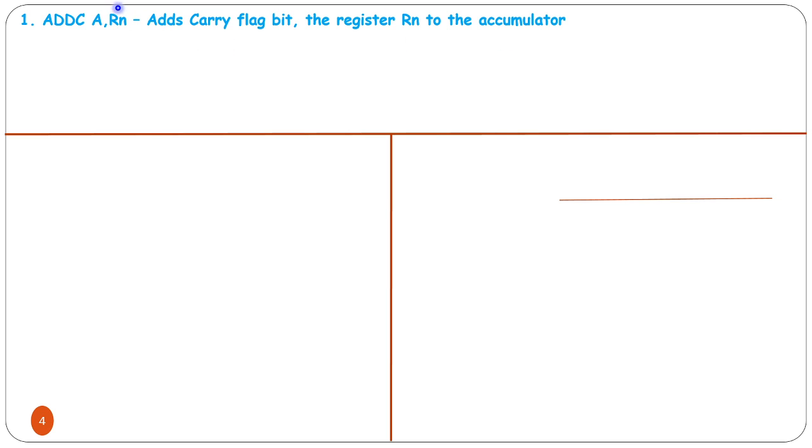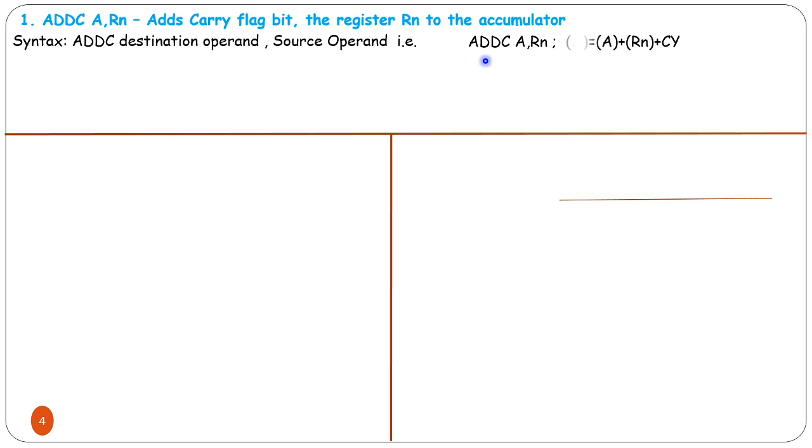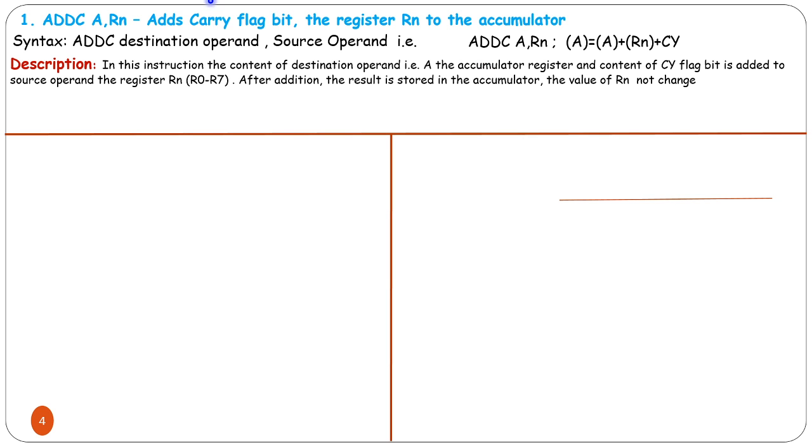The general purpose register, the accumulator and the carry flag bit are added, and the result is stored in the accumulator. The syntax is ADDC destination operand, source operand: ADDC A, Rn. The content of the CY flag bit plus the content of general purpose register Rn is added to the accumulator, and the result is stored in the accumulator.